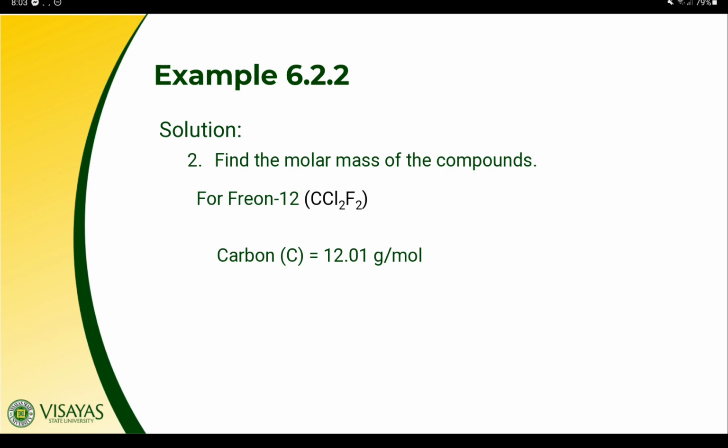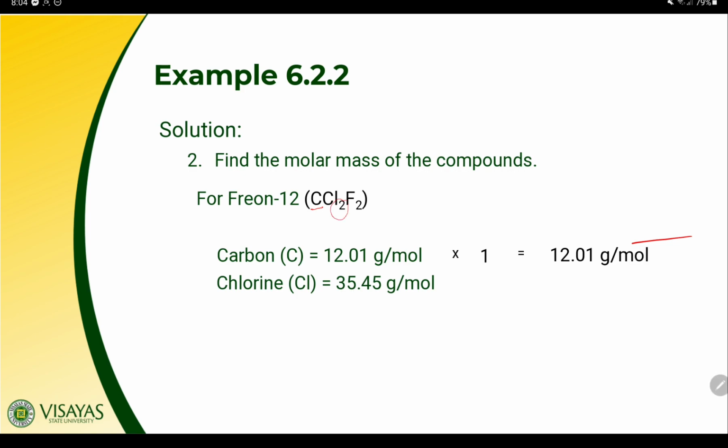Again, this is the carbon molar mass, 12.01 grams per mole. In the Freon 12, there is only one carbon atom, so we multiply that by 1. And we have 12.01 grams per mole for carbon in Freon 12. For chlorine, its molar mass is 35.45 grams per mole. We have 2 chlorine atoms here, so we multiply that by 2, and we get 70.9 grams per mole.